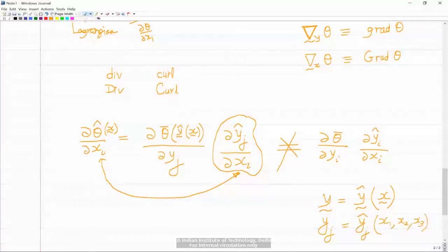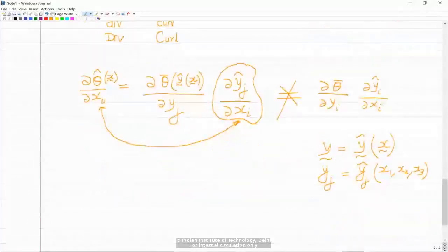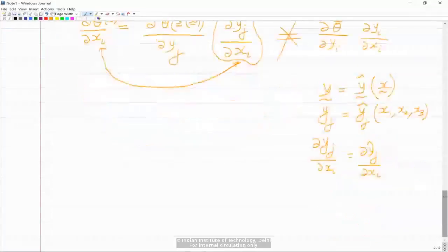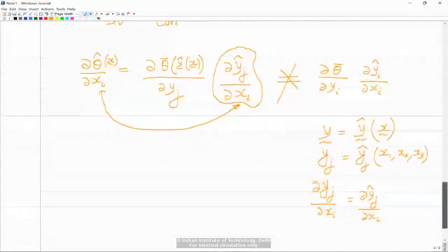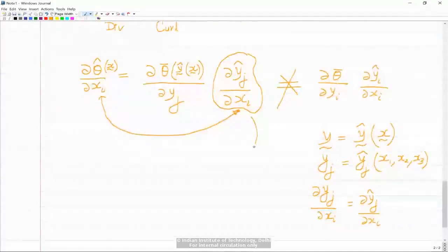The x still has to be all 3. Okay, and then you can think of del yj over del xi as this del yj hat over del xi. So you can see what is this thing over here.